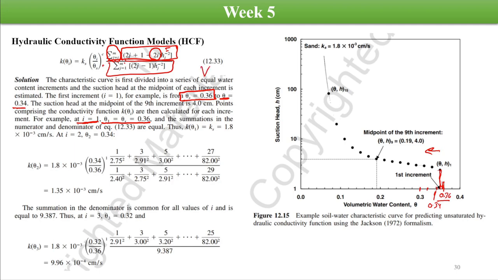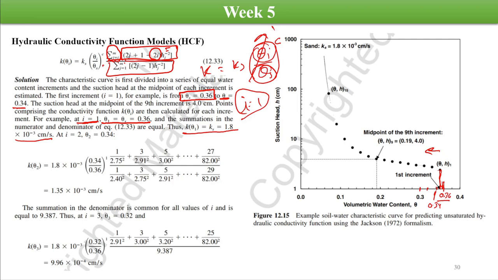Then the value of k will be equal to Ks times (theta I upon theta s) to the power c, and we know that theta I is equal to theta s for I equal to 1, from 0.36 to 0.34. So this will be 1. So for the first condition, k theta 1 is going to be Ks only.